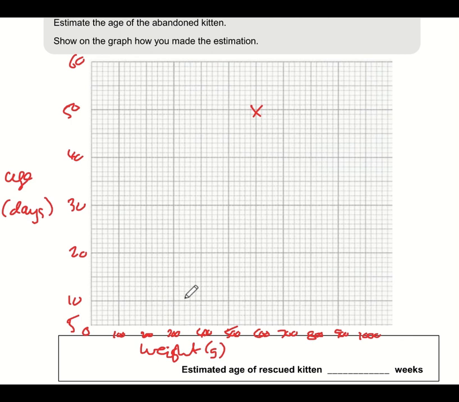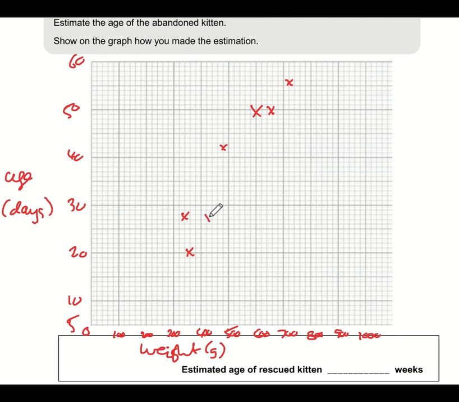So that's going to be 2 squares along from 300 up to 28, which is going to be there. 480, 42, 480, 42 is there. 360, 20, there's 300, so 3 along and 20, 1, 2, 3. 660, so 3 along from 600, and that is on 50, so 1, 2, 3 there. 720, so 1 line to the right of 700, and that is 56. 50, 55, 56. 420, so that's 1 to the right of 400 up to 28, which is 2 down from 30.